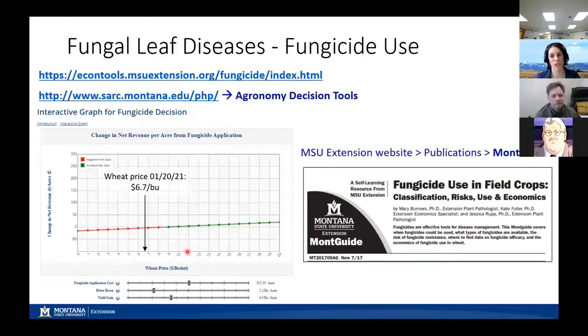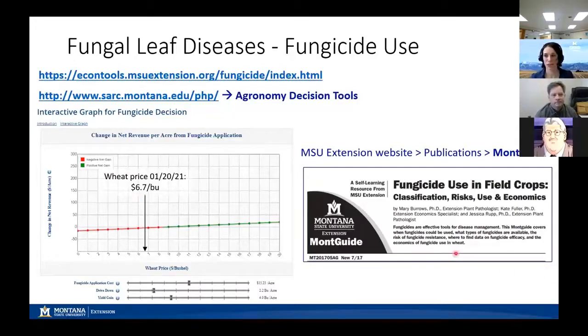And I checked this morning what the wheat prices are. As of yesterday, wheat sells for $6.70 per bushel. So under this scenario, fungicide application wouldn't be warranted. And so this is just one example of how you can use this tool to make decisions as we're headed into the season and foliar diseases might show up in your foliage.